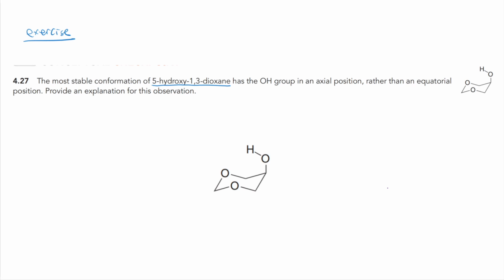Between hydrogen and oxygen. Yes. So in this molecule, we can form two hydrogen bonds here. So this way, it's on the A bond, not the equatorial bond.